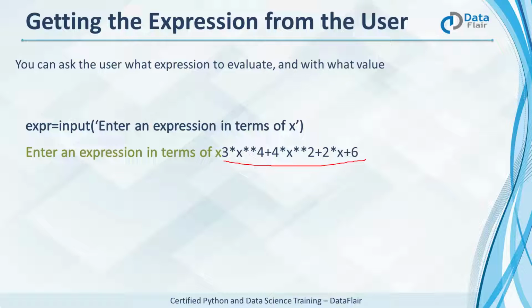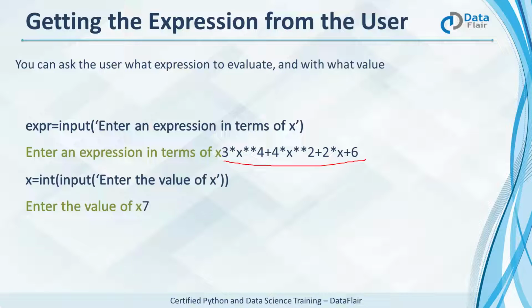To solve this, we ask the user for a value of x. This is 7. Now, when we evaluate it, putting 7 in this expression, 3x to the power 4 plus 4x squared plus 2x plus 6, we get 7419. This way, you can get all the input from the user and simply have your code evaluated.